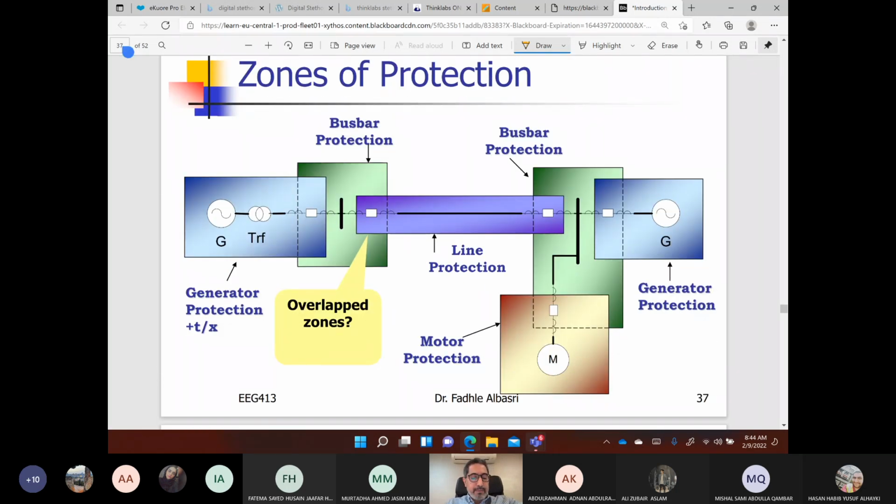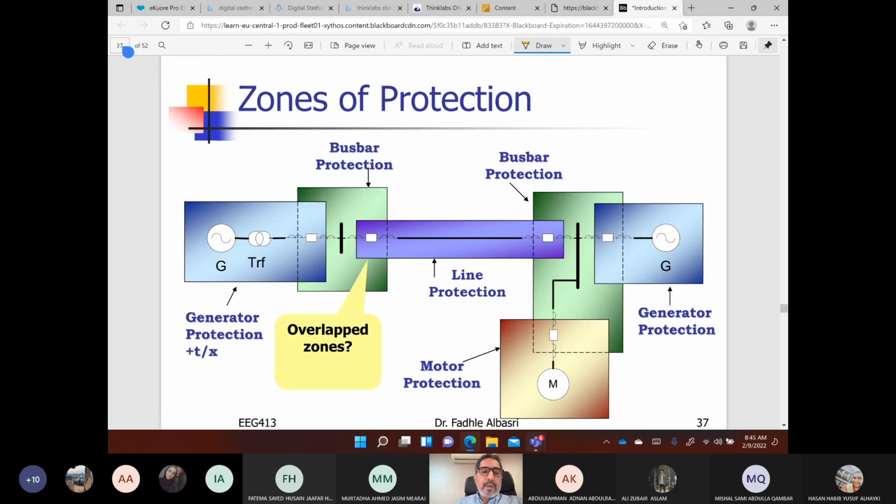Protection zones. Normally each major equipment is protected by one relay, one protection system, I would say. For example, a big motor will have one protection function dedicated for it. And for a transformer, for example, I have one dedicated protection.